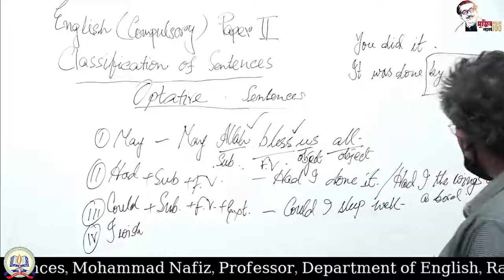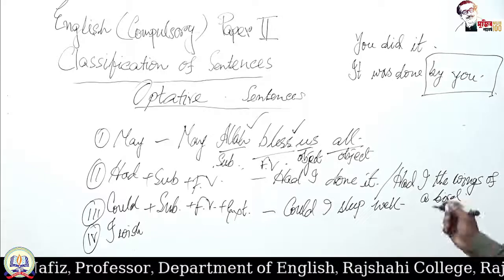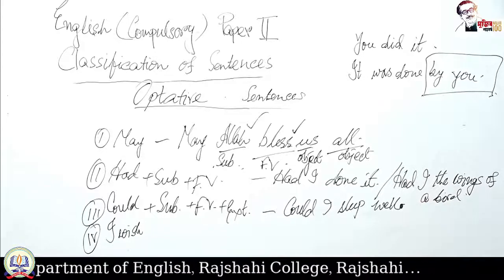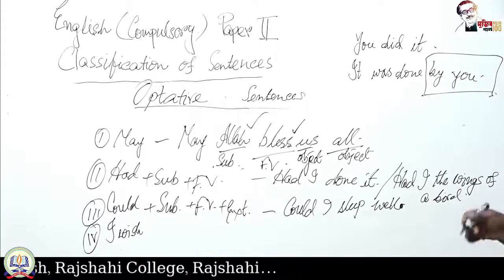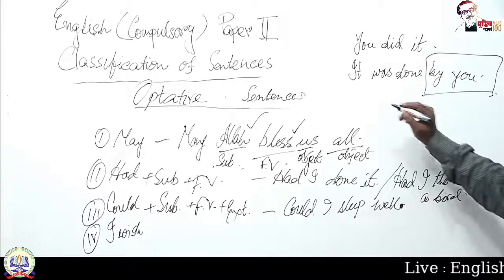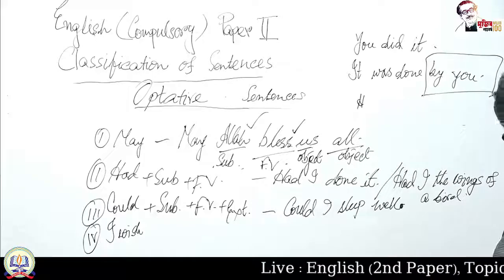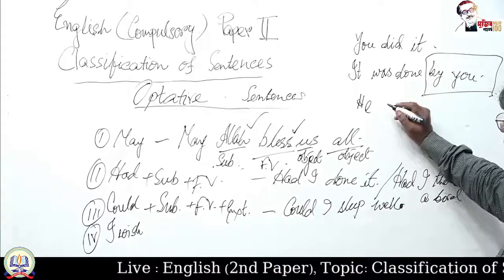Well, in the previous sentences, 'Had I the wings of a bird', or 'Had I done it', or 'Could I sleep well', if you use a full stop at the end of the sentence, it is an optative sentence. But if you use a note of interrogation at the end of the sentence, it will become an interrogative sentence.